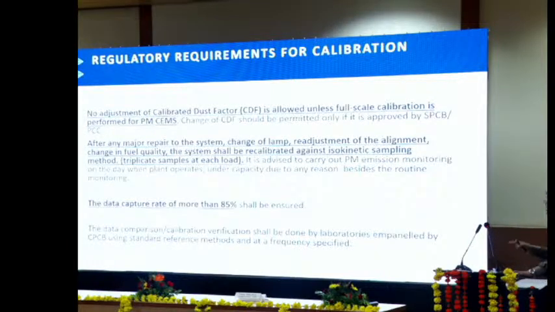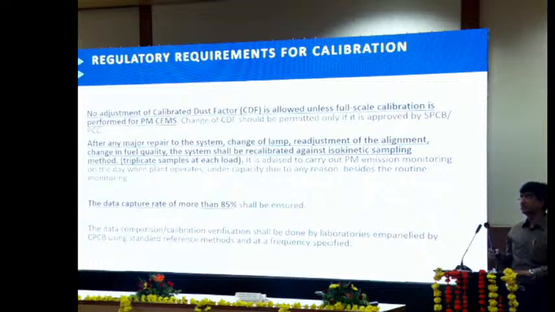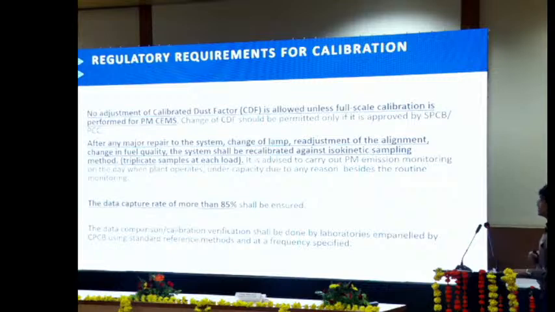Other requirement says the data capture rate of more than 85% shall be ensured. So if you say no, my plant is not working or the data is not being transferred, at least 85% criteria need to be taken care of. The data comparison, calibration, verification shall be done by laboratories empaneled by the CPCB using standard reference methods and at the frequency specified.